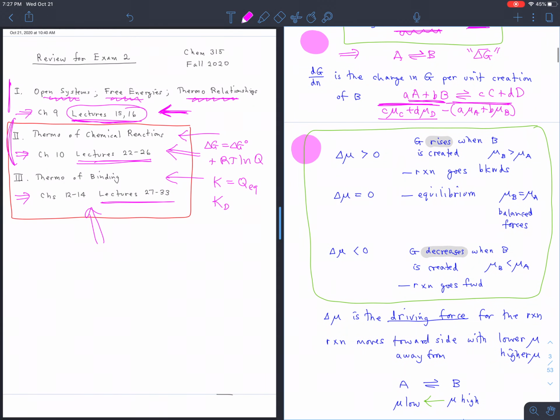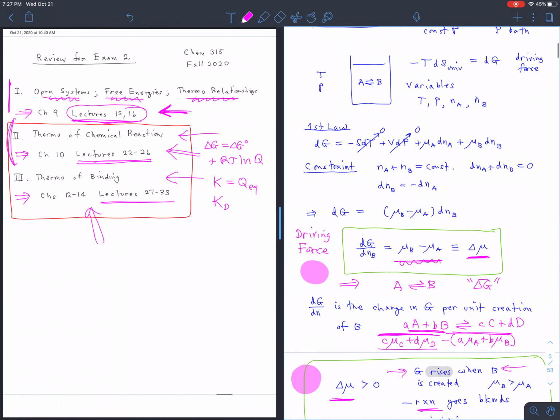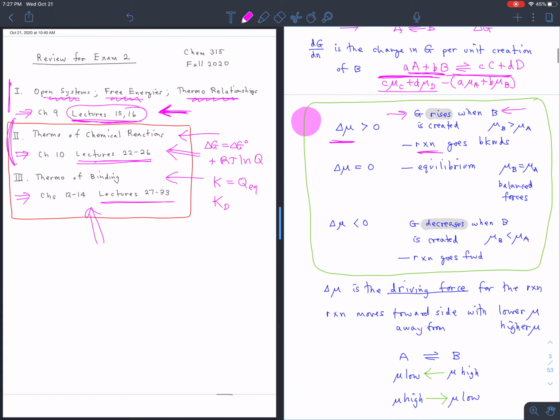All right, if the chemical potential difference is greater than 0, that means the Gibbs free energy rises when more product is created, and that means the reaction will want to go backwards. This is all under constant temperature, constant pressure conditions. That's the usual conditions, but let me just point that out.